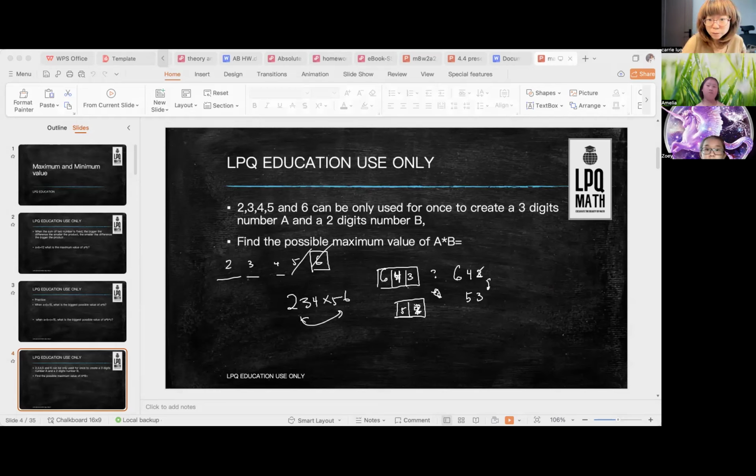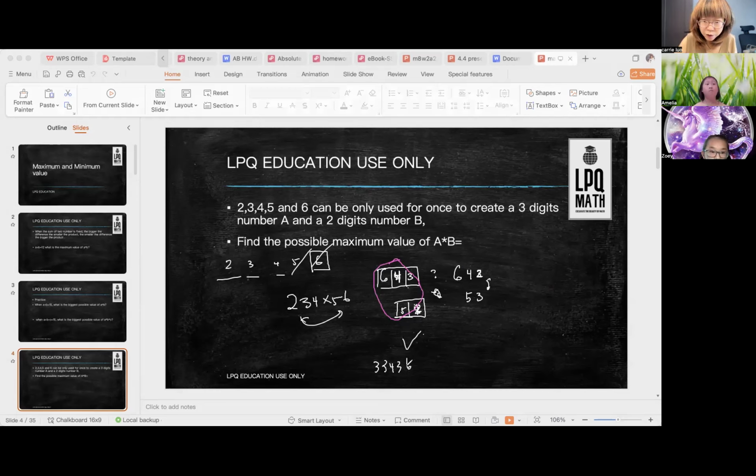Which one's bigger? The first one, the second one. Okay, so you're going to know that. Why? Because 643 times 52 equals 33,436, right?